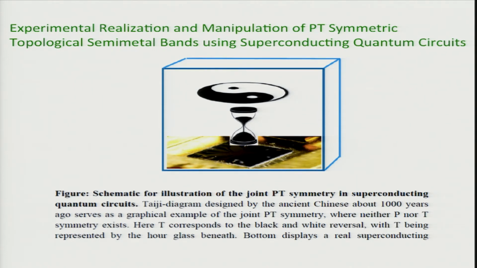The position is like this. If you make the inversion or you make the time reversal, the system is changed. The symmetry is broken. But if you have the joint one, you find that this is still just like the Taiji sign if you reverse this one. So this is a beautiful cartoon to show the joint PT symmetry.